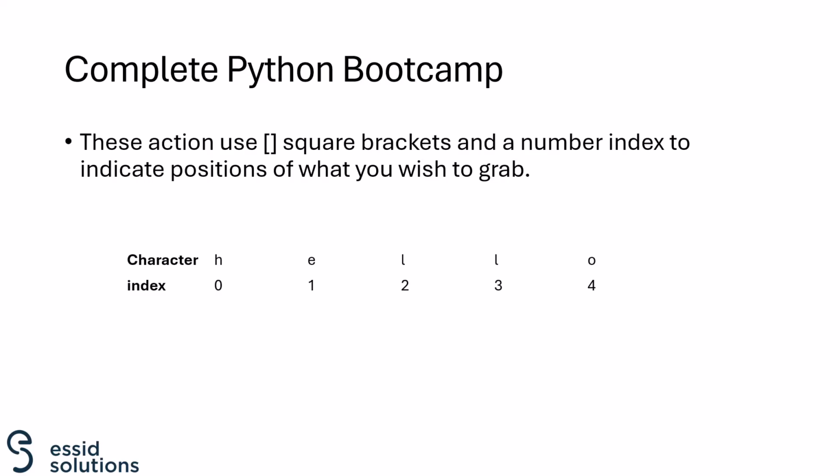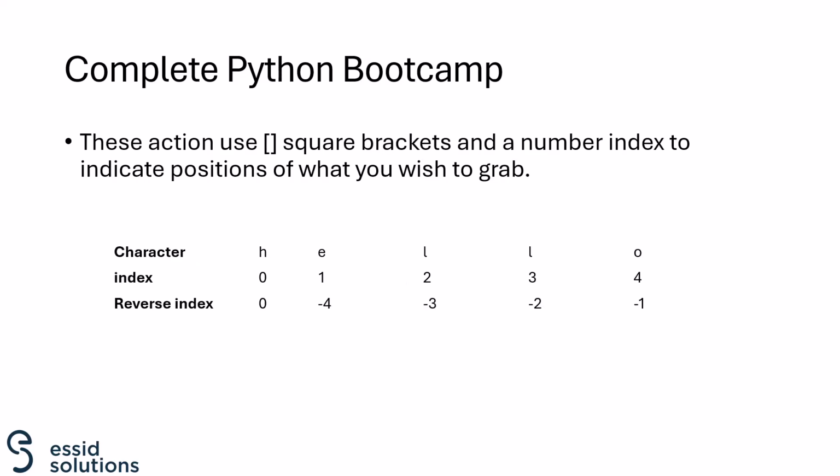If we want to access the character E, we would use the square brackets like string[1] and it will return E. What's cool about Python is that we can use reverse indexing. So if you want the last character in a string, but you don't know the string length, you could use string[-1] to get it.